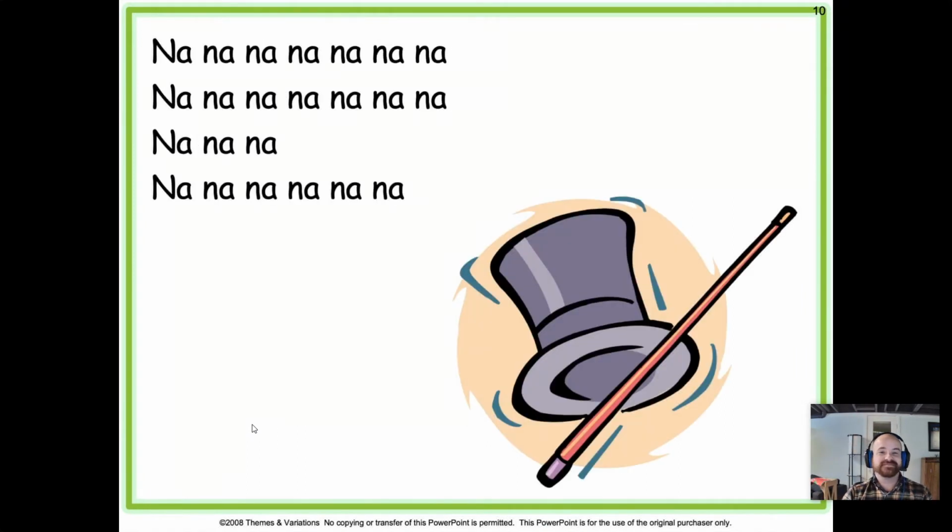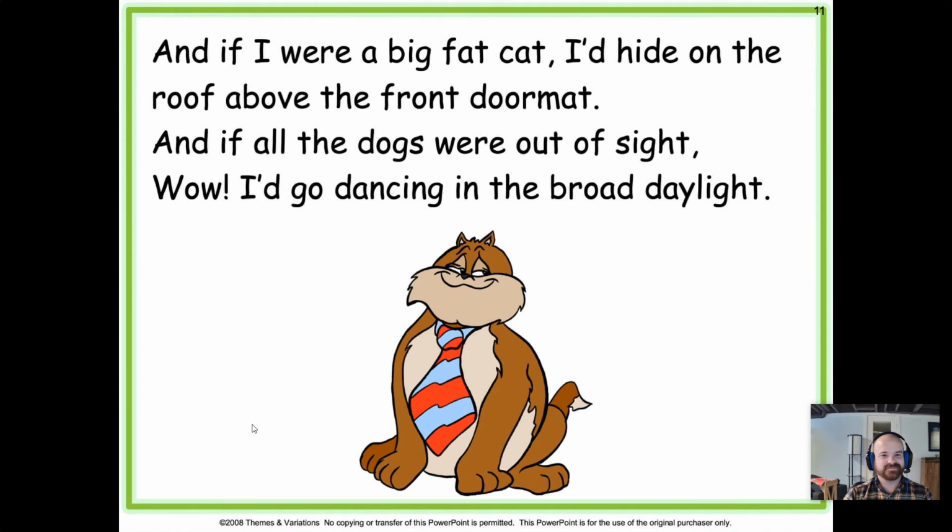Na na na na na na na. And if I were a big fat cat, I'd hide on the roof above the front door mat. And if all the dogs were out of sight, well, I'd go dancing in the broad daylight.